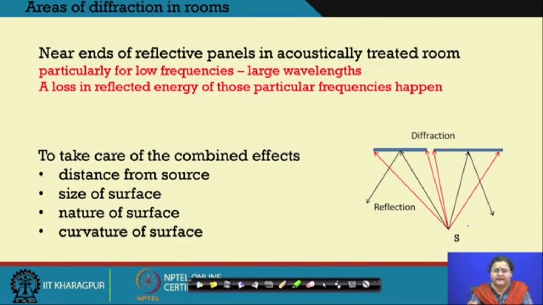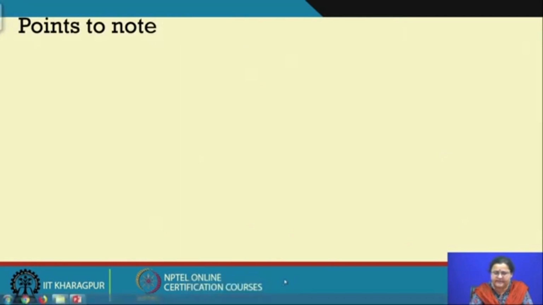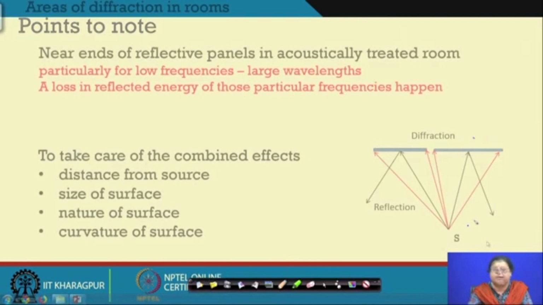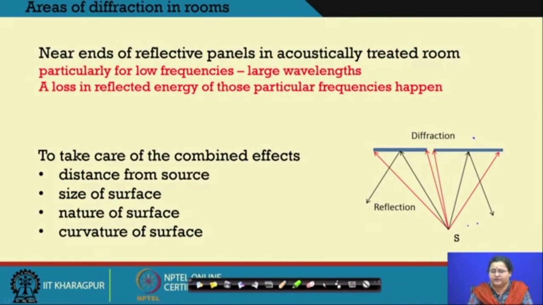So, you have to be very careful about the gap between two reflective surfaces. What you can see here is that the gap is very important. If you have longer wavelengths, the sound will bend from the ends and be lost; it will not get reflected towards the audience.